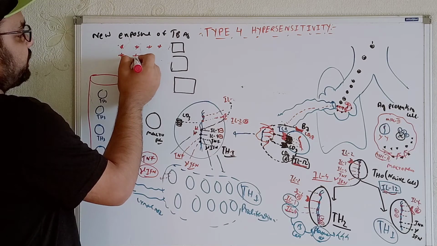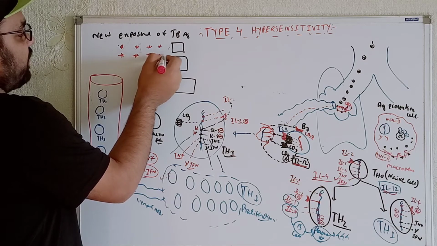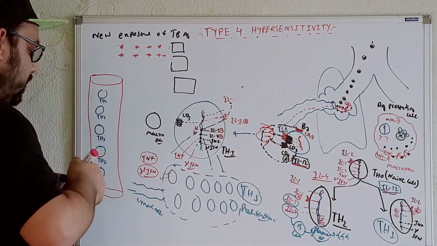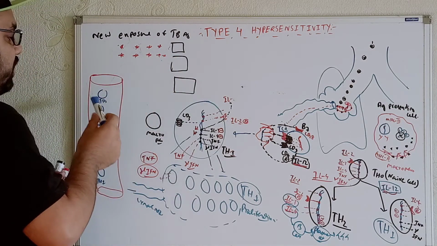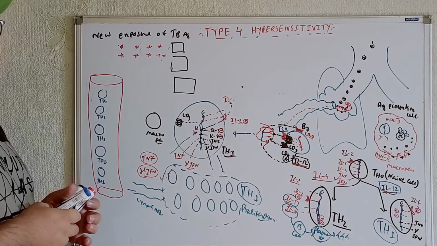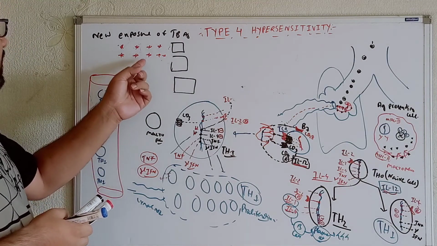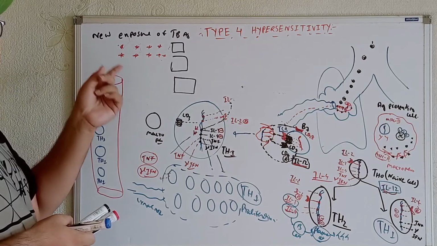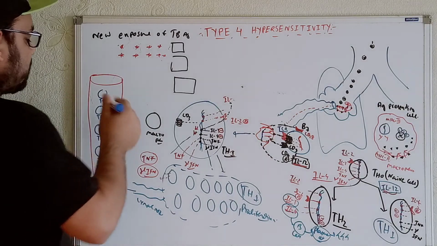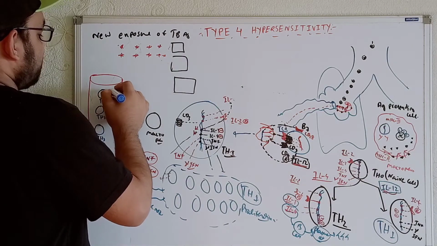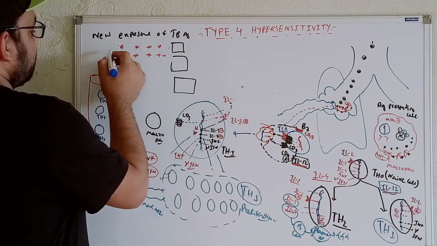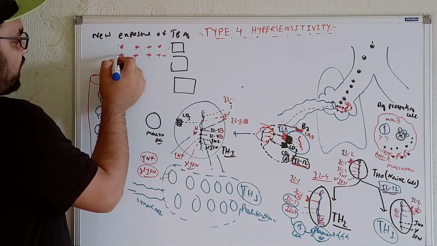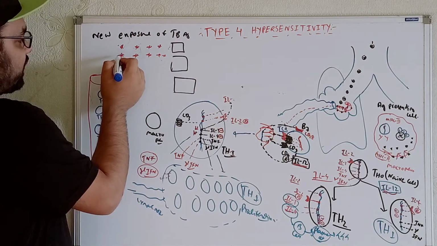Now definitely these Th1 cells are already programmed, already pre-synthesized for the tubercular antigens. Now we are getting the new exposure of the tubercular antigens. Definitely these Th1 cells from the circulation will rush to the cells, and whenever they reach over here, try to understand what we'll see. These cells will go over here and get bound to these structures.